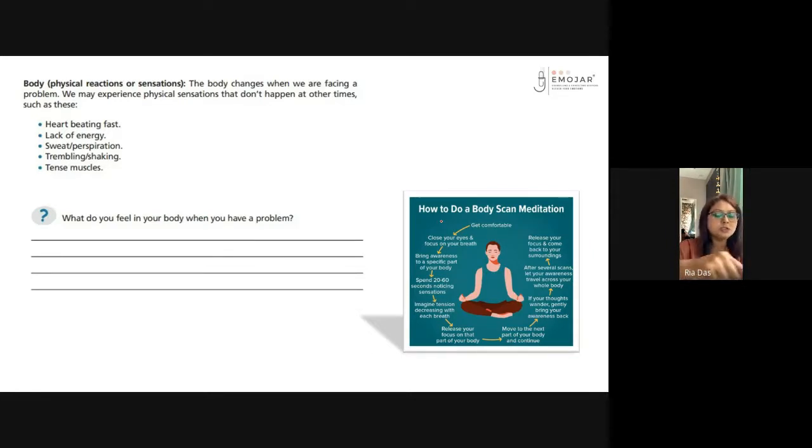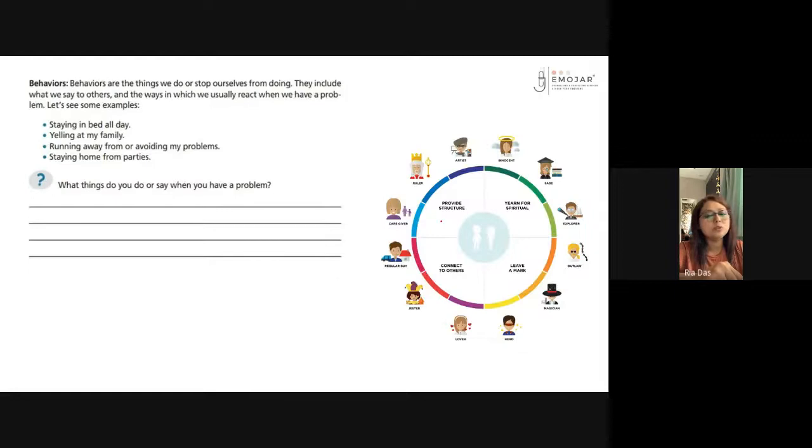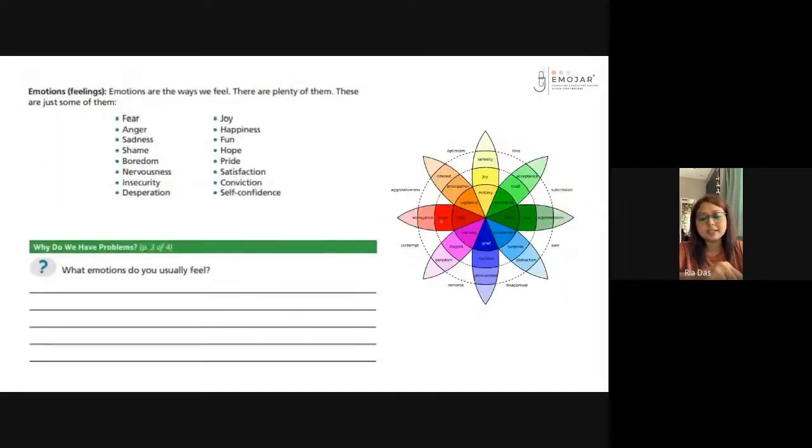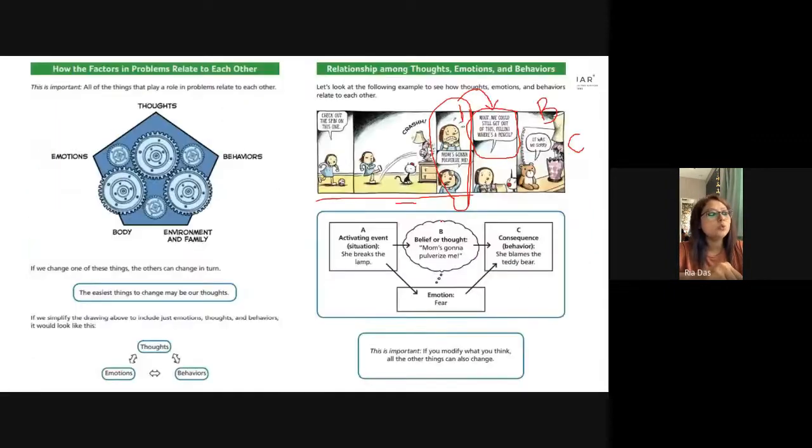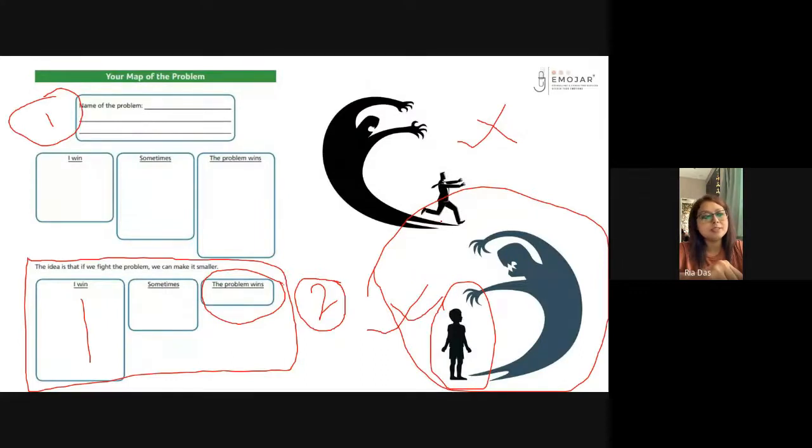So we are going back to that first template where we do a body scanning, our behavioral checklist and our emotional checklist. In this template, you're going to focus on what you feel, how you behave, and what are your bodily symptoms at that point of time.